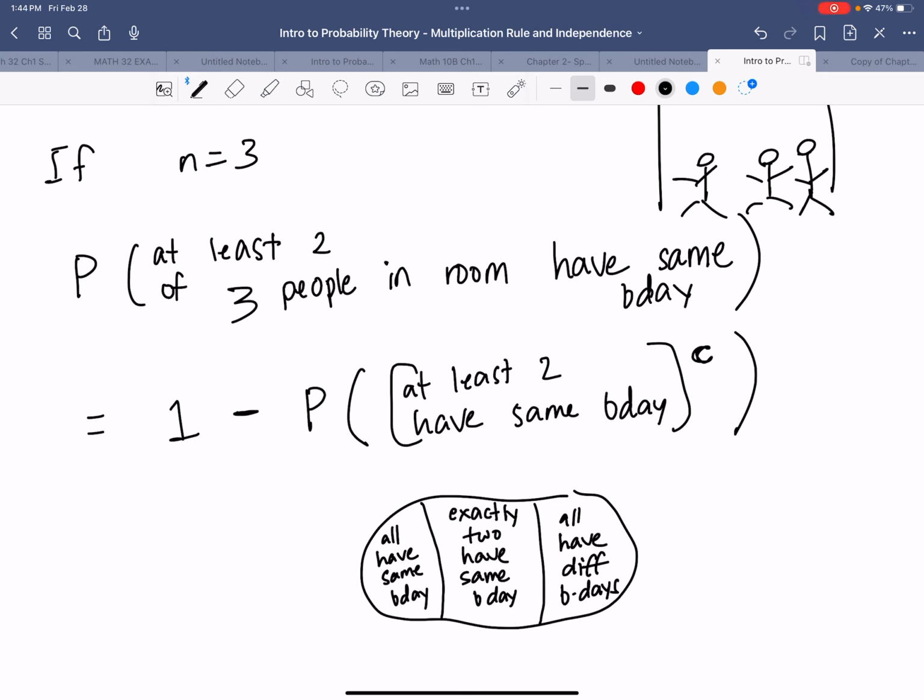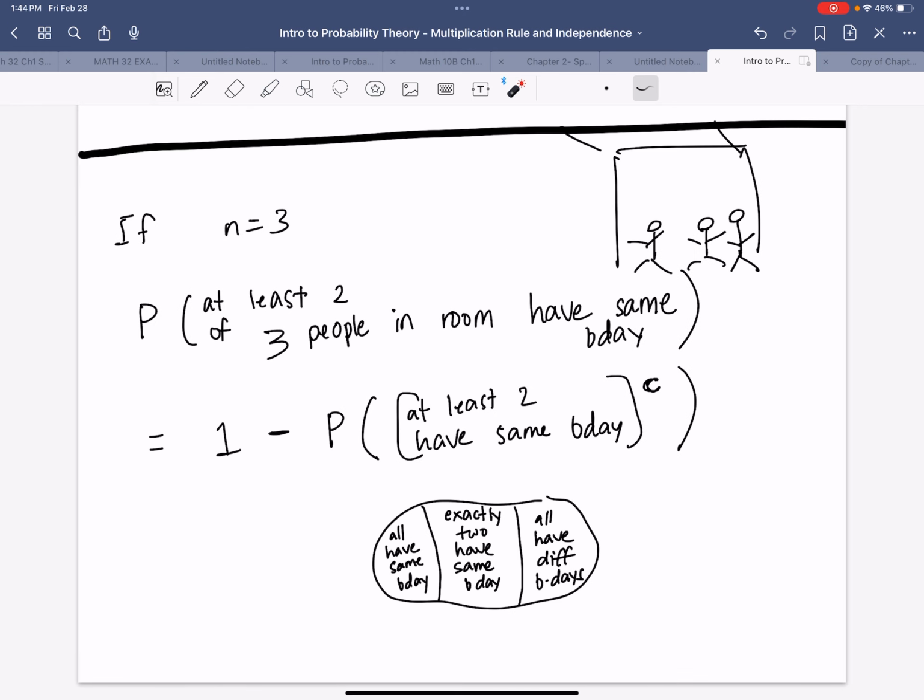So these are all the possibilities. And if we're trying to figure out at least 2 have the same birthday, that means exactly 2 have the same birthday or all 3 have the same birthday. So the complement to at least 2 of the 3 have the same birthday would be they all have different birthdays.